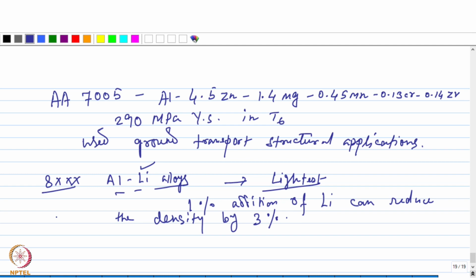But before that, let us see the precipitation sequence of this particular alloy series. Okay. So here, you have lithium. So you have a lithium bearing precipitate forming, and the sequence is quite simple here.